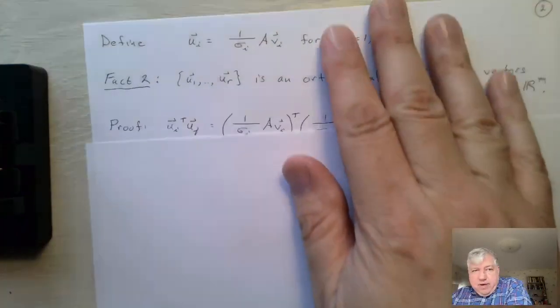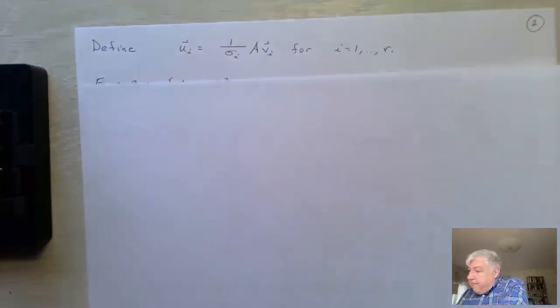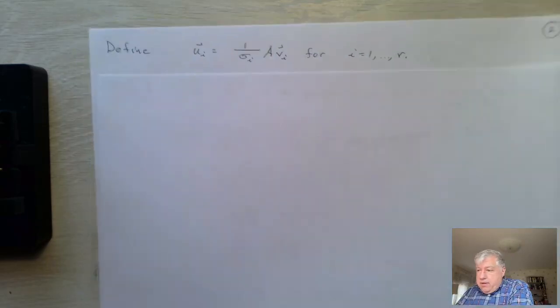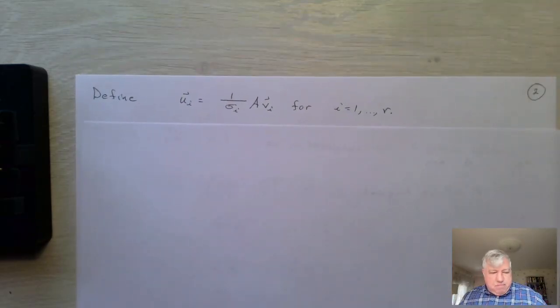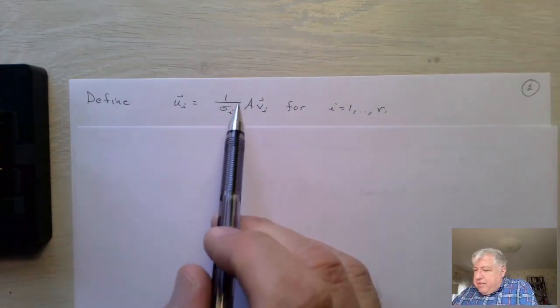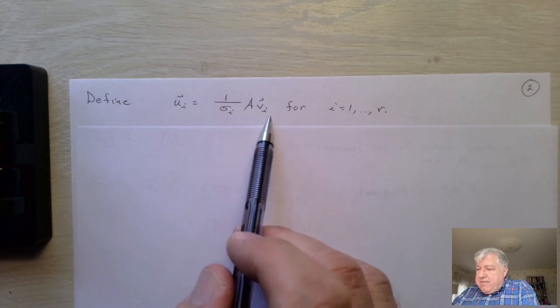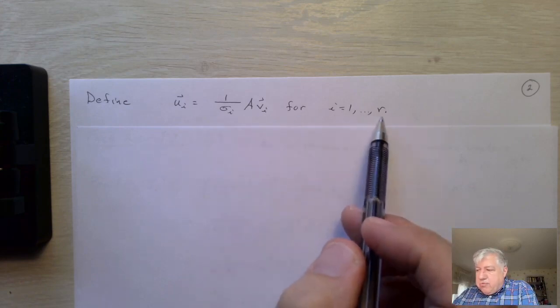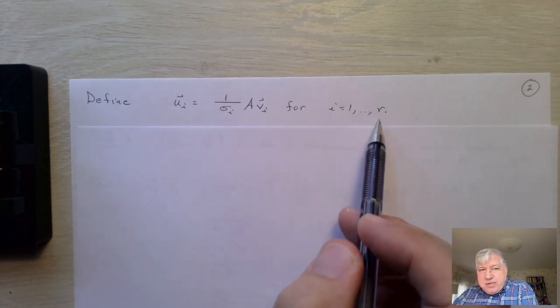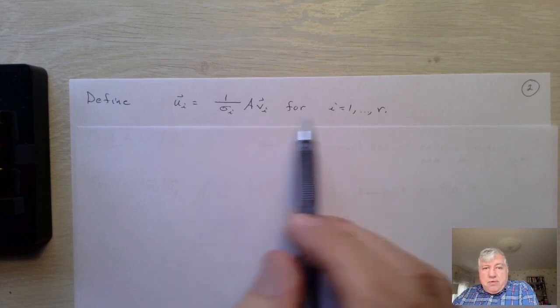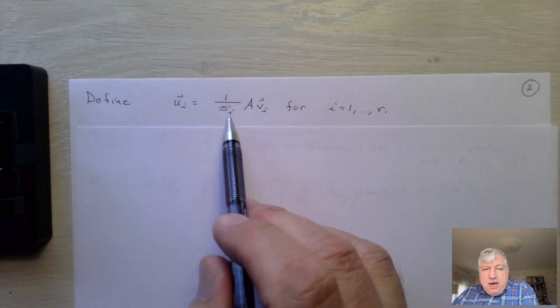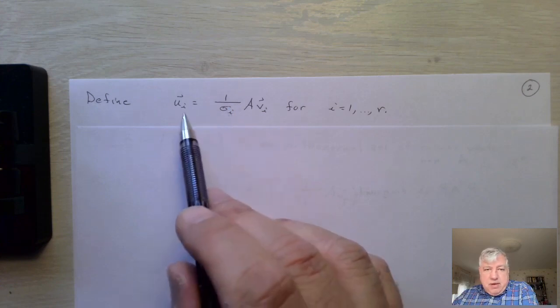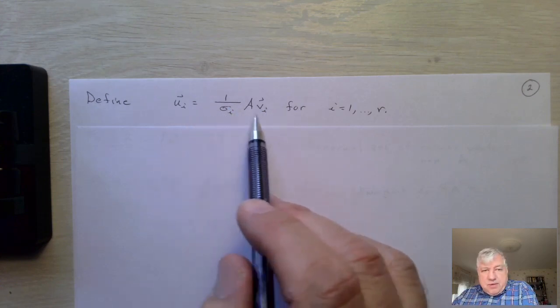We're going to call them u sub I, and we're just going to define that to be 1 over sigma I times A v_i, for I equals 1 to R. Now we stop at R because for all the other values of I, sigma I is 0, and we can't divide by 0. So we're talking about R vectors like this.